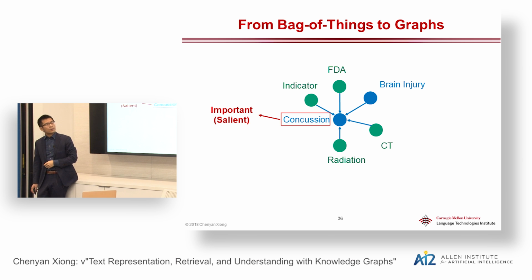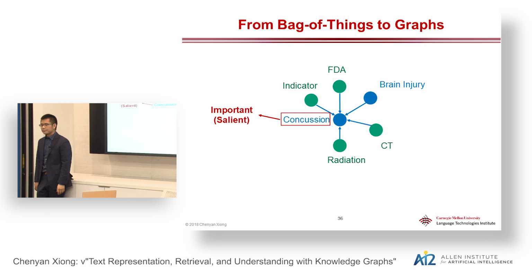If we are able to model their interactions or connections in a document, for example their relations, and how the different entities are centered around central entities, maybe we can do a much better job than bag-of-entities. For example, maybe we know that indicators like FDA, CT, and radiation are about concussion. Then we know that concussion is the most important entity in the document. This is called entity salience, or at least we should be able to do a much better job than counting frequency.